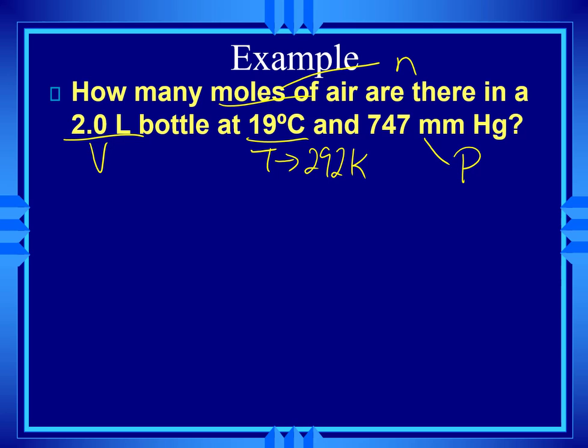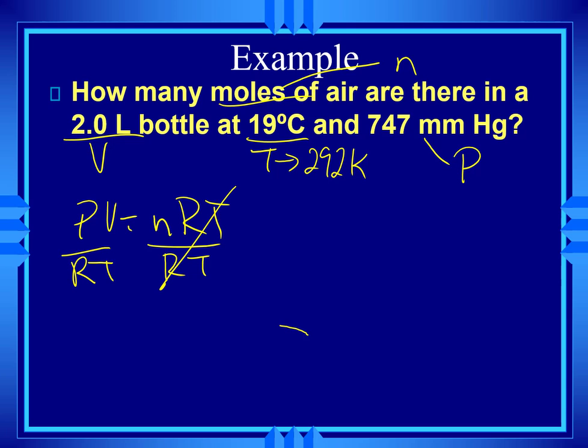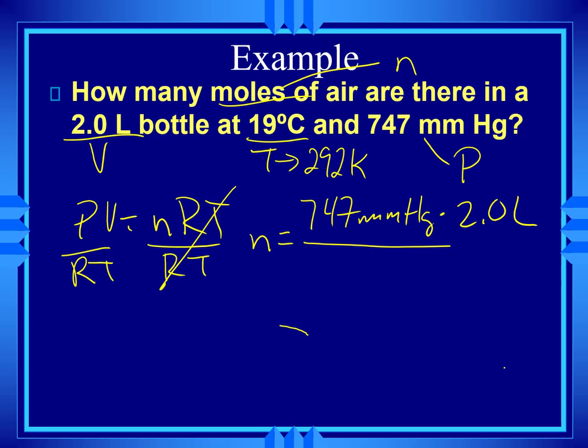Does anybody know an equation with those four pieces in it? PV equals nRT. I'm trying to solve for n, so I divide both sides by R and T. So I get n equals P, 747 millimeters of mercury, times V, 2.0 liters, divided by R. I've got three numbers for R. Which one do I want to use here?